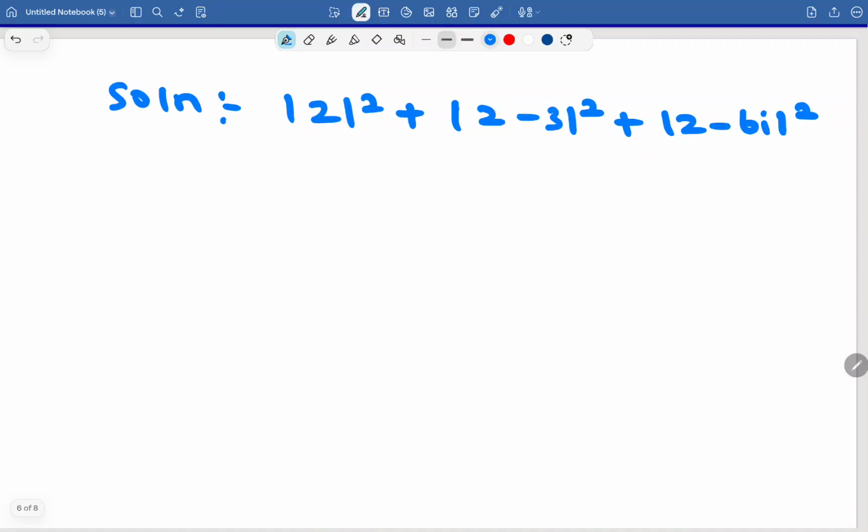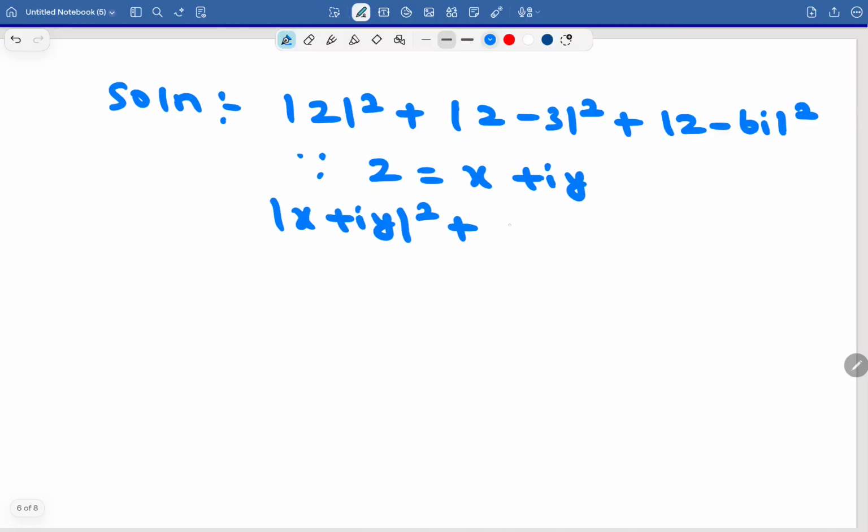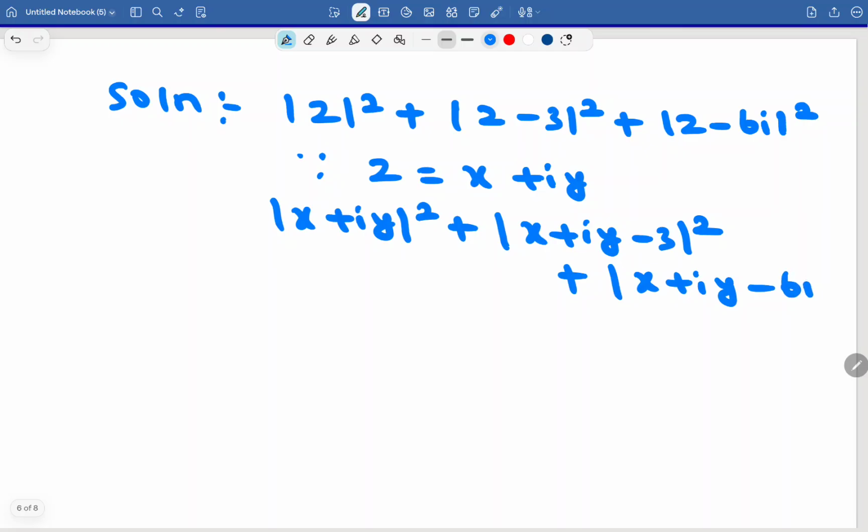We have to find the minimum possible value. What is z? z is x plus iy. Therefore, modulus of x plus iy the whole square plus modulus of x plus iy minus 3 whole square plus modulus of x plus iy minus 6i the whole square.